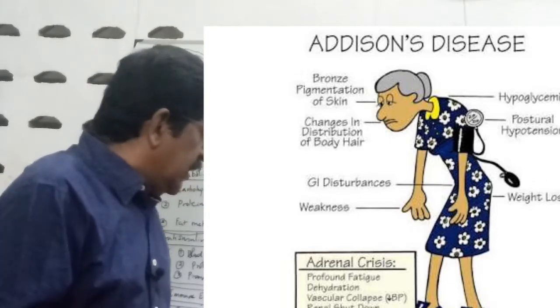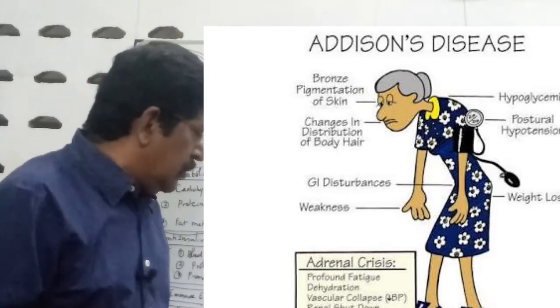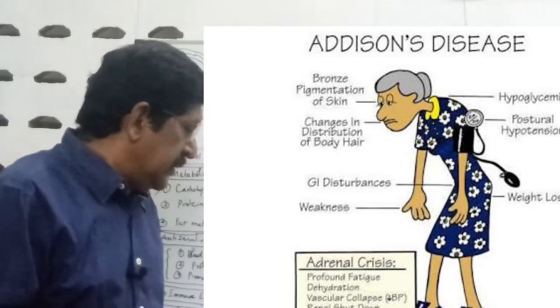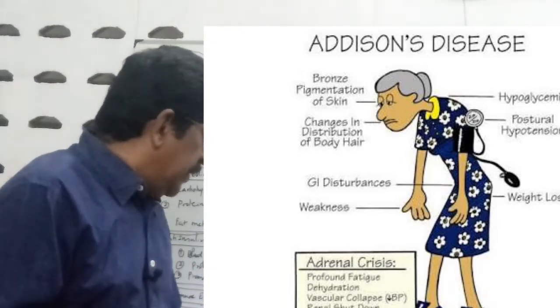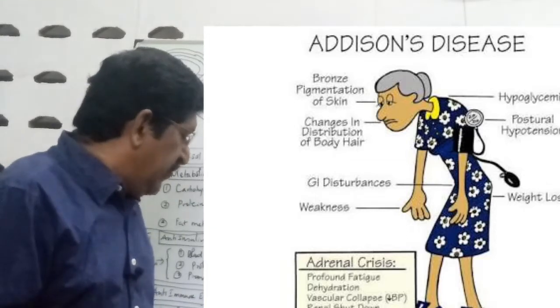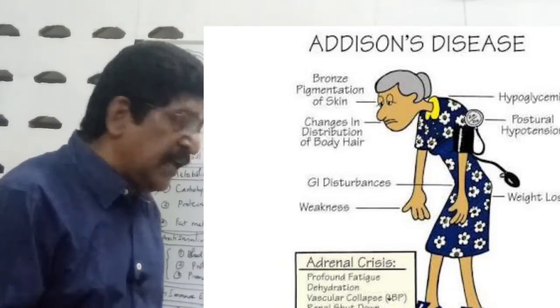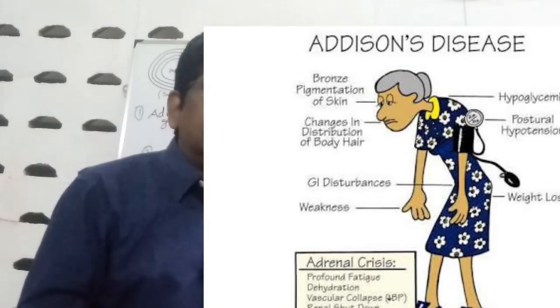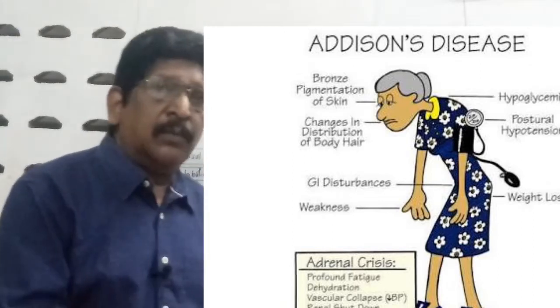If both aldosterone and cortisol are low in secretion, then this leads to the pigment problem, bronze pigmentation. Third point, weight loss. Fourth indication, hypoglycemia. Blood sugar level will come down.